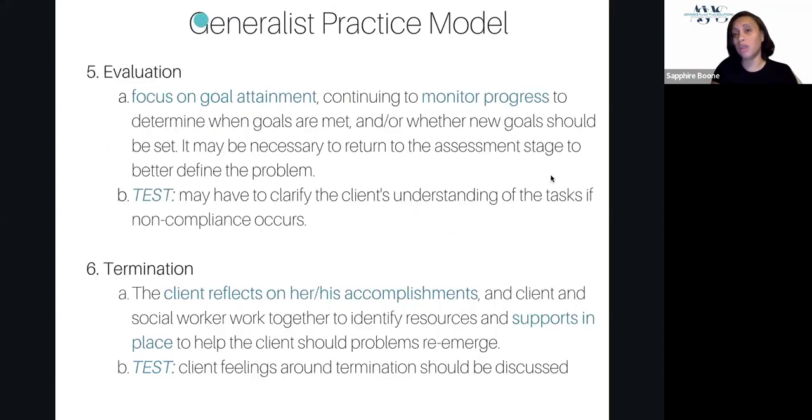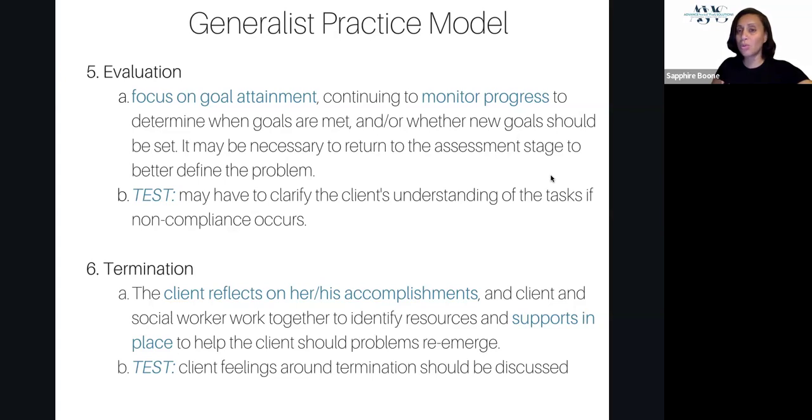Then we have evaluation, and evaluation is typically the phase of practice where we label our clients non-compliant because we had a plan, but they aren't doing their tasks. And so you want to make sure that you are reassessing their understanding of the goals.